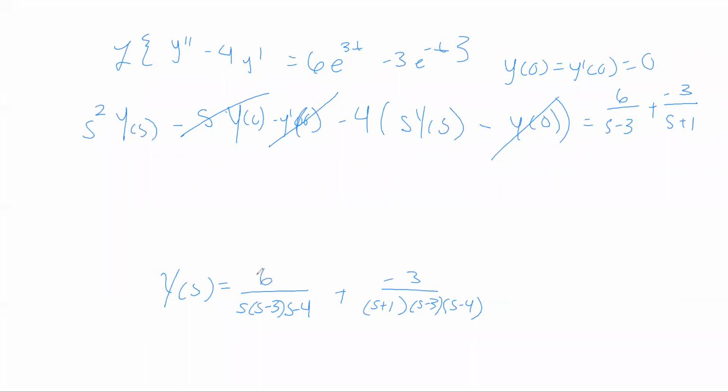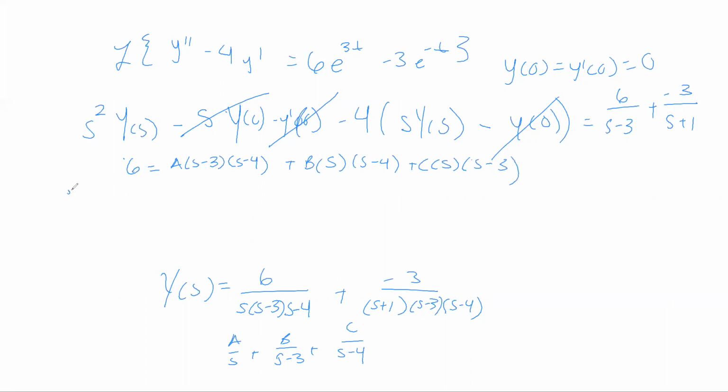Okay. So when I do that, let's say that this is a over s plus b over s minus 3 plus c over s minus 4. So 6 is equal to A times s minus 3, s minus 4 plus B times s, s minus 4 plus C times s, s minus 3.